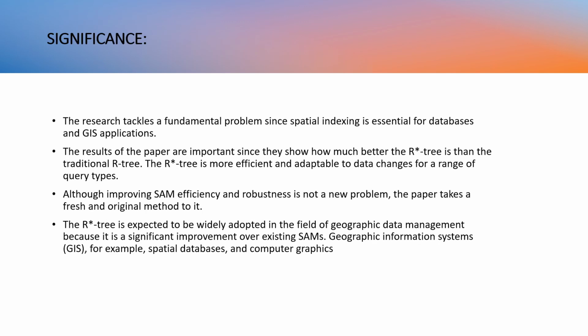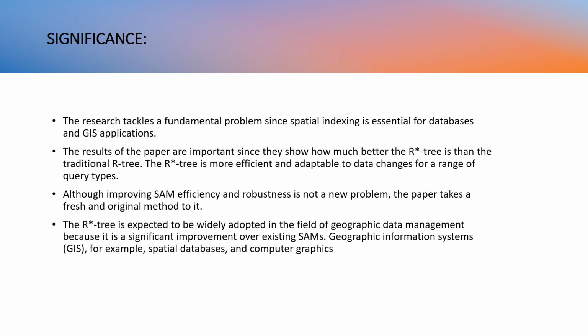The significance: the paper tackles a fundamental problem, since spatial indexing is essential for database and GIS applications. The R-star tree is also more efficient and adaptable to data changes for a range of query types. And since they show how much better the R-star tree is than the traditional tree, the results of the paper are very important. Although improving SAM efficiency and robustness is not a new problem, the paper takes a fresh and original method to it.